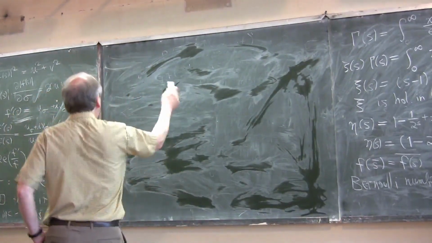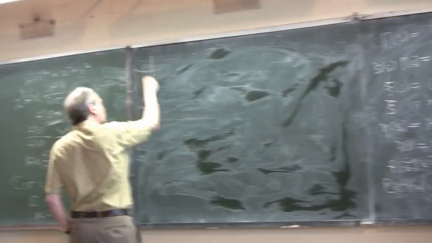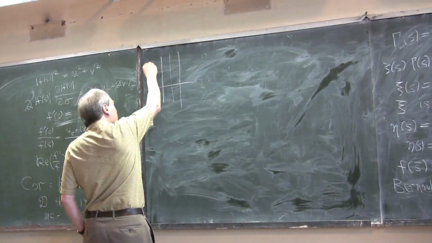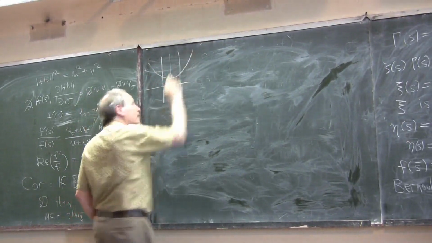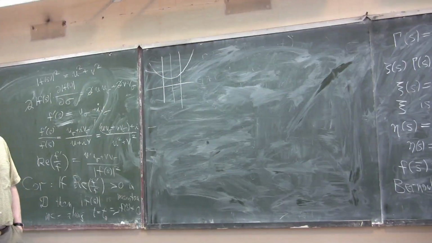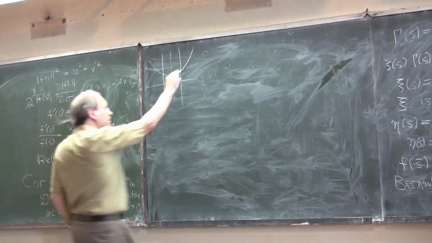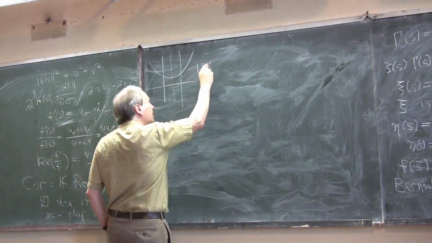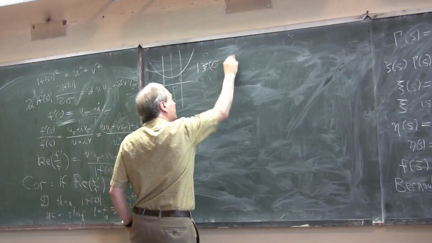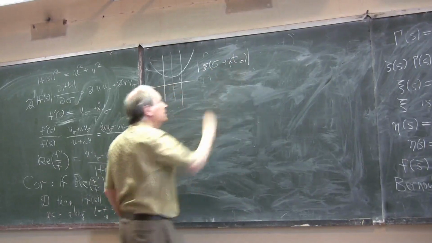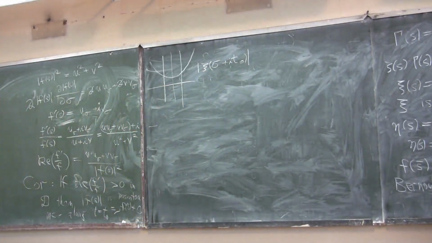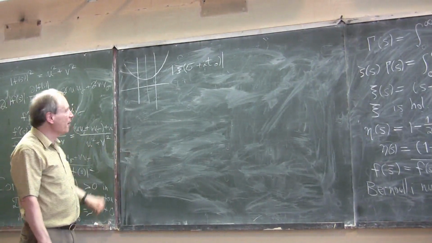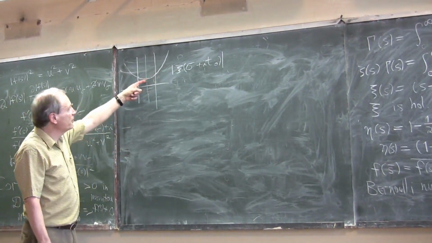So here's the picture. The modulus of psi should look something like that. So this is the modulus, let's say, psi of sigma plus i T0. So of course, because of this symmetry property, increasing here is equivalent to decreasing here.